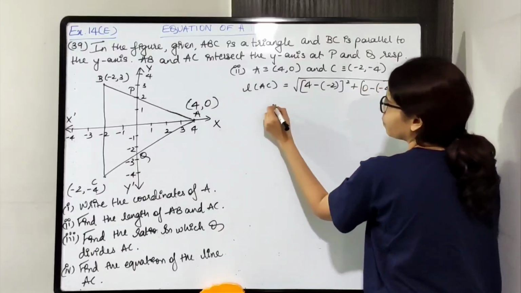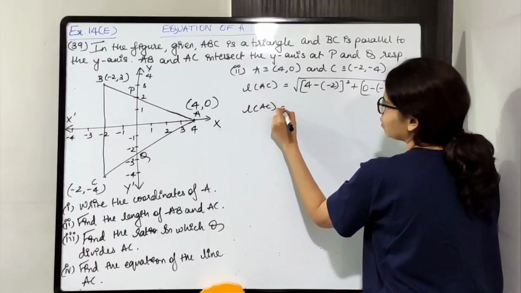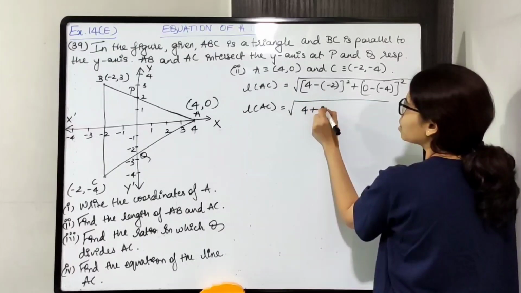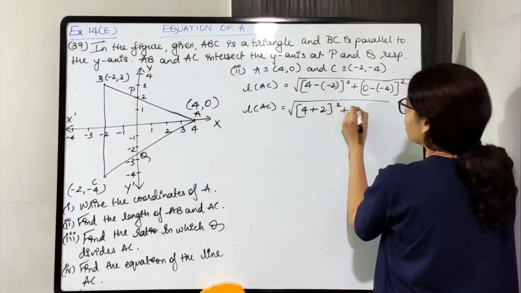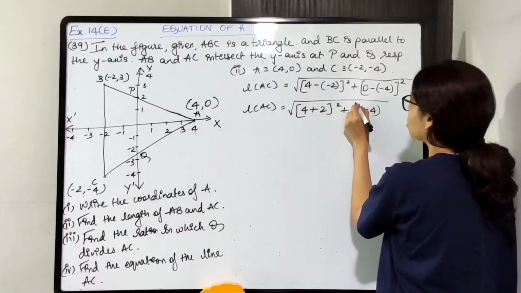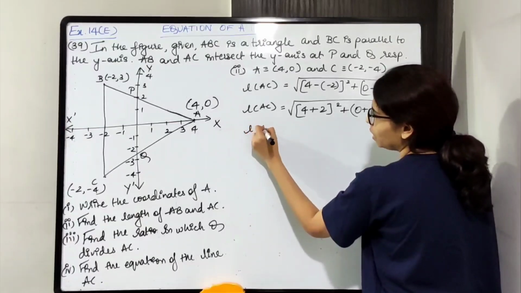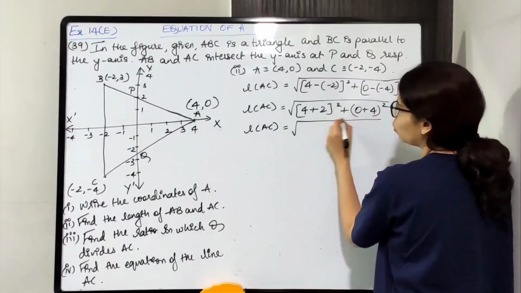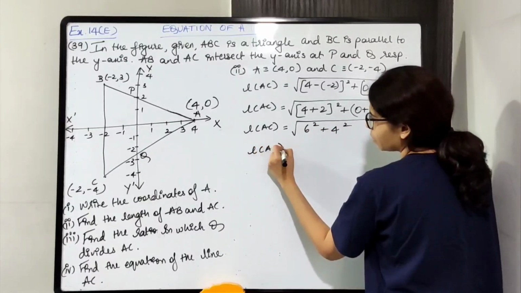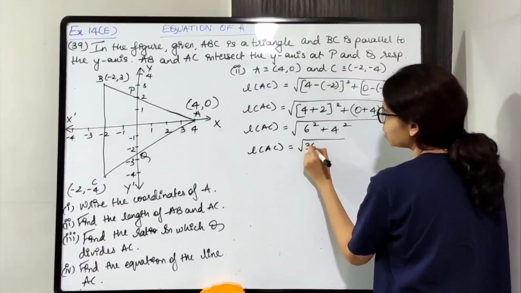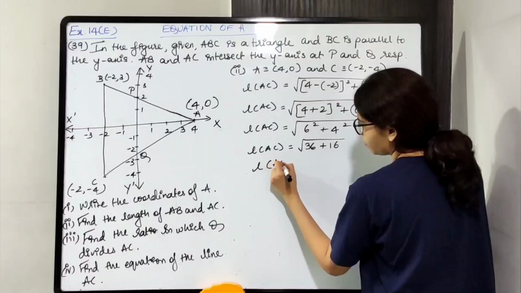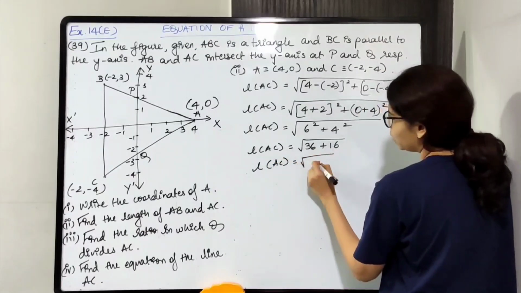So length of AC is equal to square root of 4 minus minus plus हो जाएगा plus 2 the whole का square plus 0 minus minus plus, so 0 plus 4 the whole का square. So length of AC will be square root of 6 का square plus 4 का square. So that is 36 plus 16. So that will give 52.